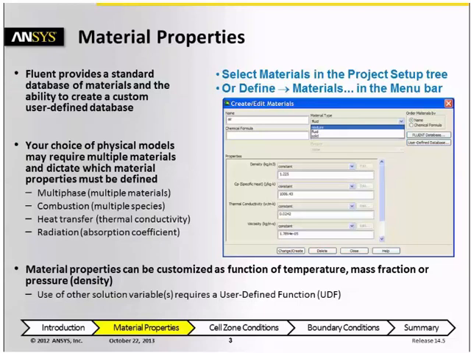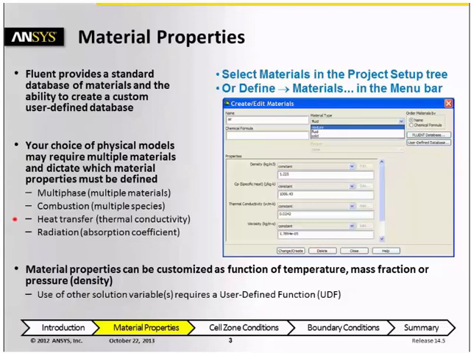The properties that you need to specify for a given problem will vary depending on which physical models you have enabled. If you're solving a multi-phase problem, then it's necessary to specify the material properties for more than one material. If you're solving combustion problems, then you have multiple gaseous species, and you need to specify the properties for each of the species.